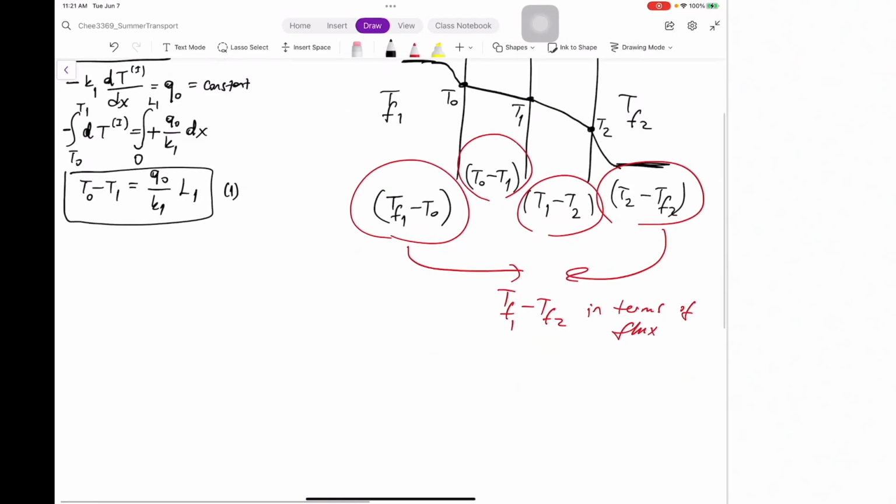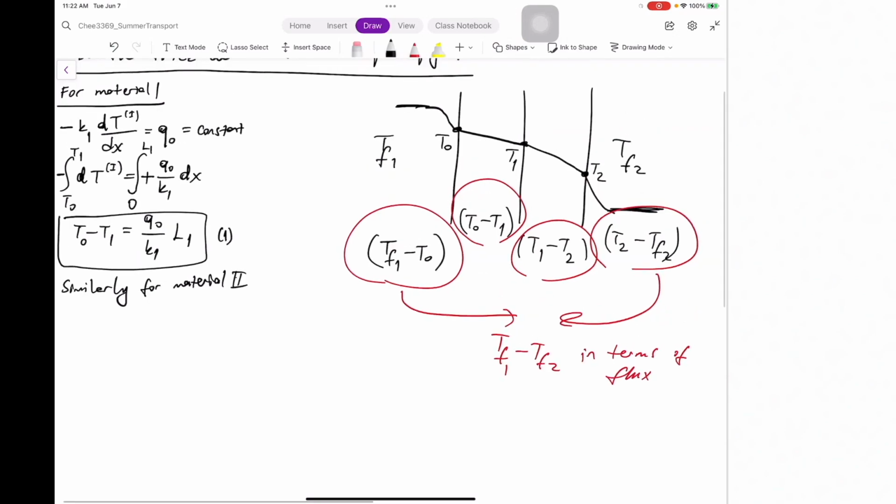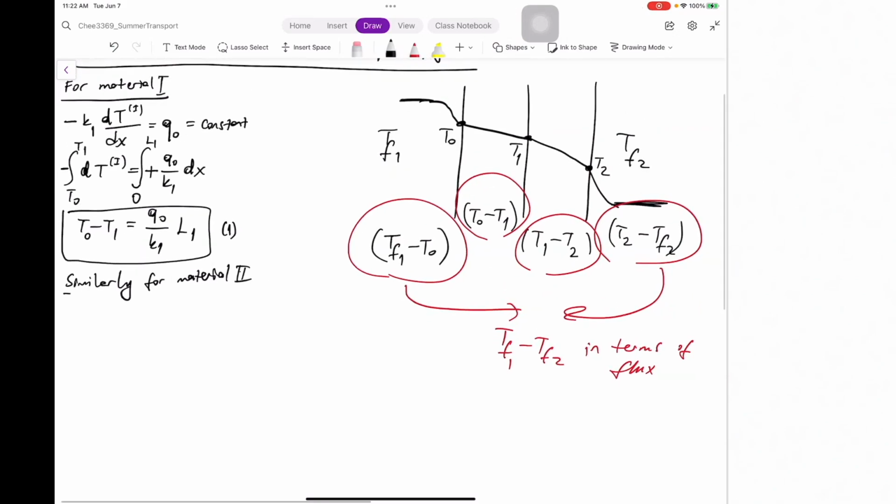Now for material 2, similarly, we're going to have the same equation, but it's going to be not T0 minus T1, but between T1 and T2.